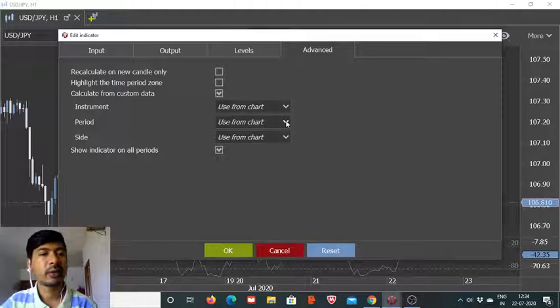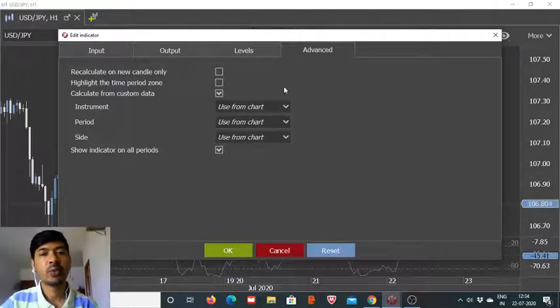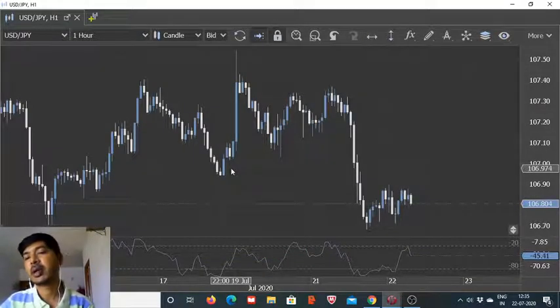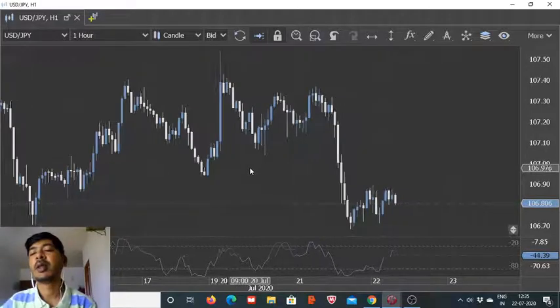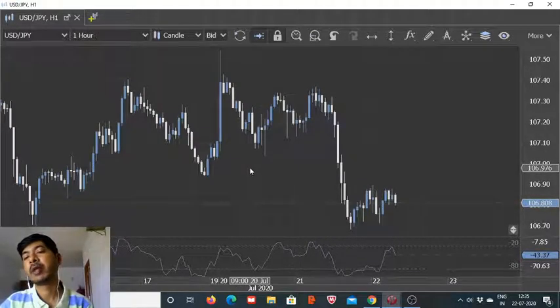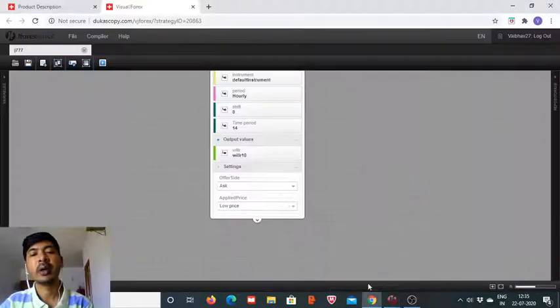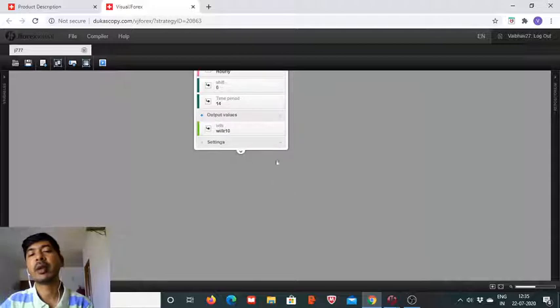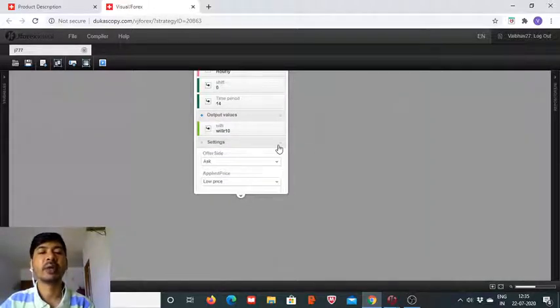Here also we can't really make changes, and yes, that's about it. As you can see, even the charting does not offer many of these tools for manual trading, but in this automated trading block we have different applied prices which can be used for the calculation of the indicator.